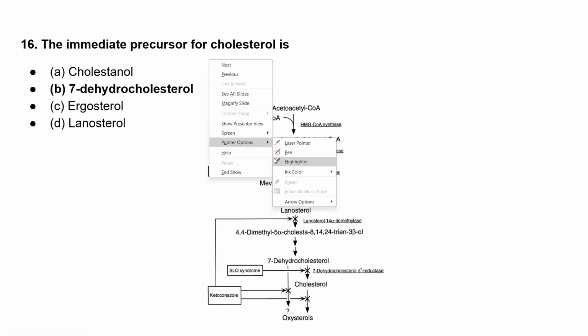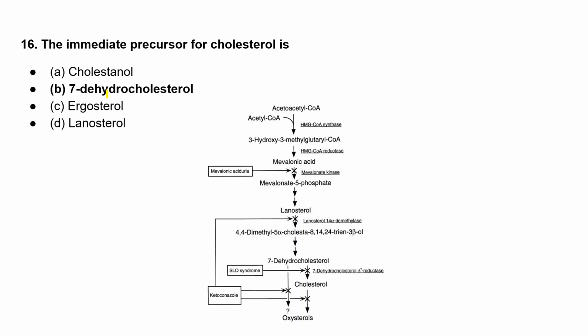That's why the right answer for this question is 7 dehydrocholesterol, because just before cholesterol, 7 dehydrocholesterol is there. Lanosterol is two steps back, right? Both are used, lanosterol and 7 dehydrocholesterol, but the immediate precursor is 7 dehydrocholesterol. Okay.